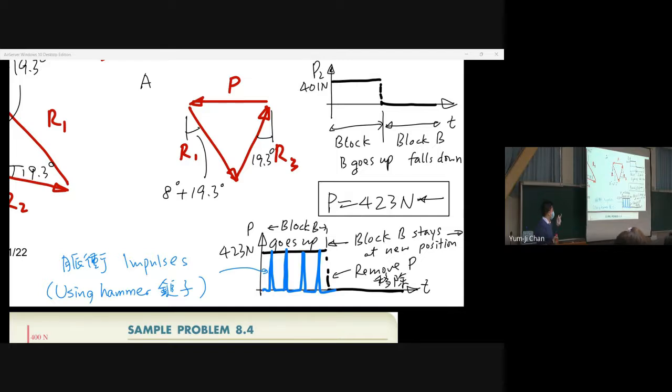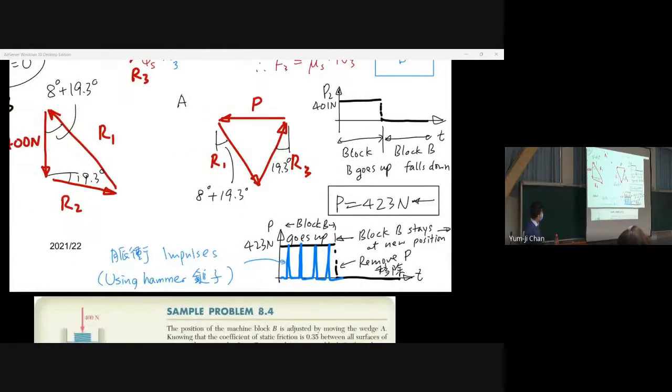For this kind of problem, the key thing is to draw the friction force in the right direction. The calculation should be easy.